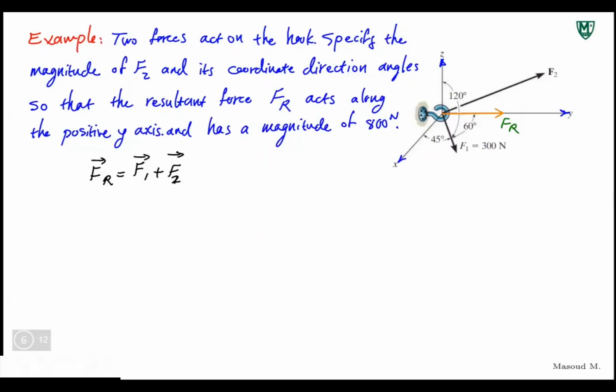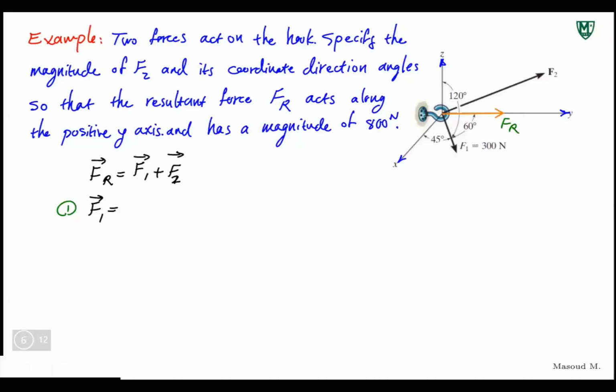So I know a lot about F1. Let me call that equation 1. Let's talk about F1. So let's find F1. How do we find F1? As a vector, I know its magnitude, I know these angles, so I'm just going to use that information.